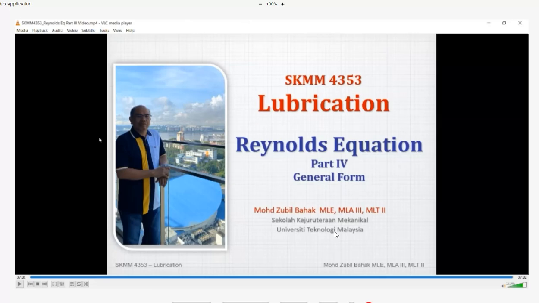So now we are almost toward the end of this topic, creating the Reynolds equation, particularly for the hydrodynamic lubrication.